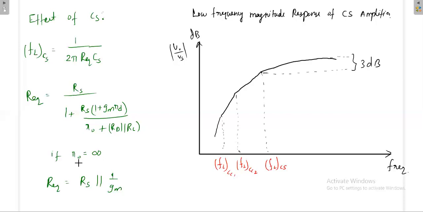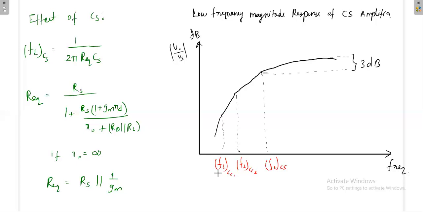If r0 is infinite, then R equivalent is simply RS in parallel with 1 by gm. Once you know the actual values, like R equivalent, CS, capital RD, small rd, and gm, you can find the numerical values.